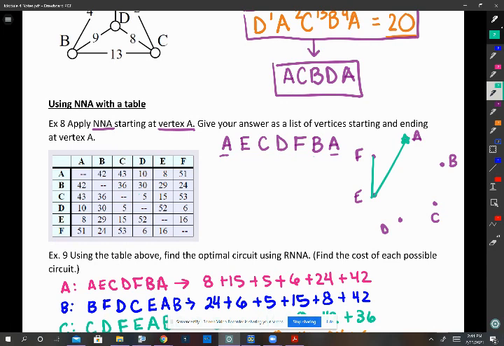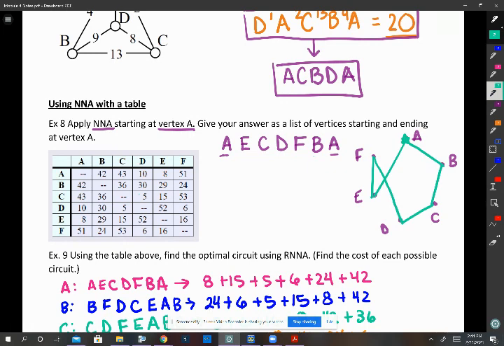From F, your shortest path is 6, which is D. It also makes sure that you keep track of only 2 points coming off of each line. From D, our shortest path is to C. And the only place you can see that we haven't been to yet is B. And so that's going to close our circuit up. And so you can also do it that way and then write your circuit starting with A.